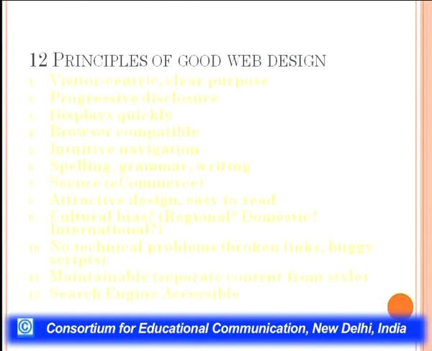The person who is going to come and see your website must find it appealing. For example, if your website is going to target students, then the interface of the website should be designed so that young students will feel attached to it and attracted towards following your website. Then progressive disclosure should be there.